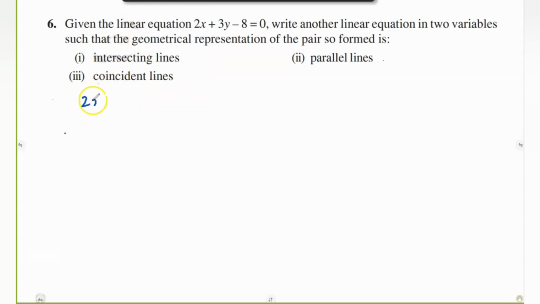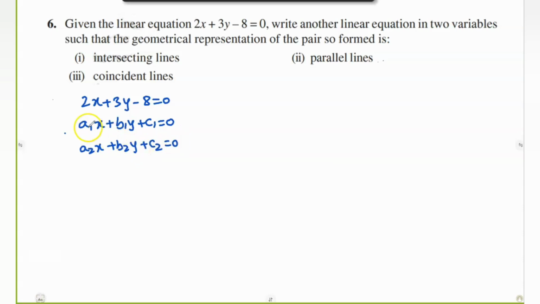2x plus 3y minus 8 is equal to 0. So you can compare this with a1x plus b1y plus c1 is equal to 0, and let us assume the second equation, what we are going to find, another linear equation, as a2x plus b2y plus c2 is equal to 0.